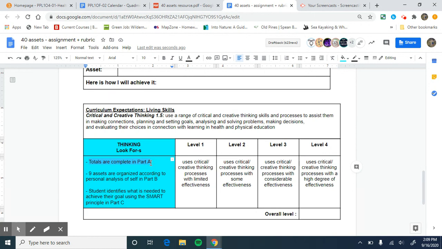You have how many assets you have and how many you wish you had. Part B, you need to make sure that you've reflected on those 9 assets in the 3 categories, what you rock at, what you've worked towards, and what is still a weak asset. And part C, that your goals are in line with some of those SMART principles. So make sure you're super specific in order to get your full level 4.